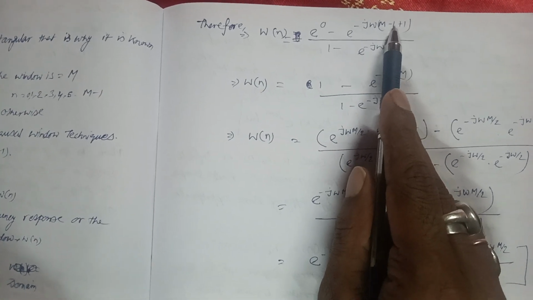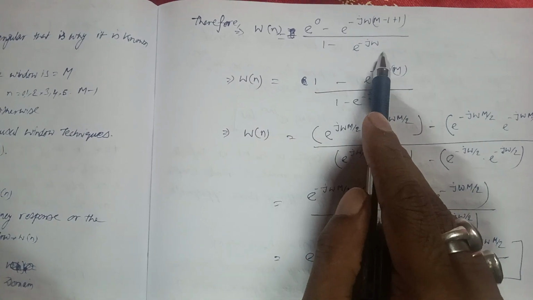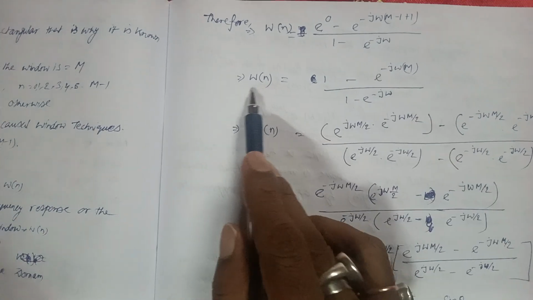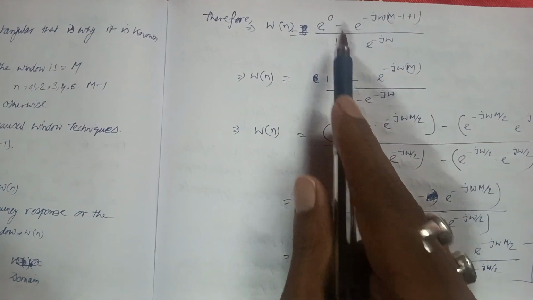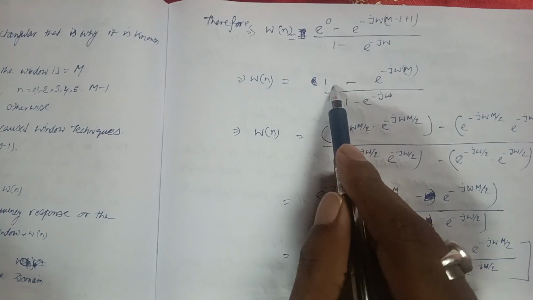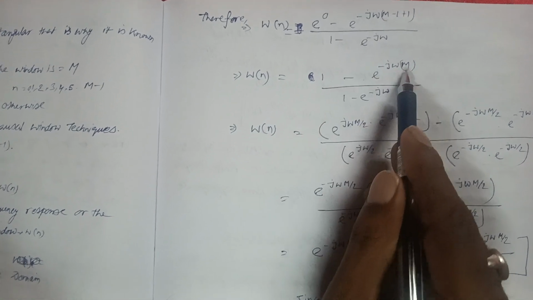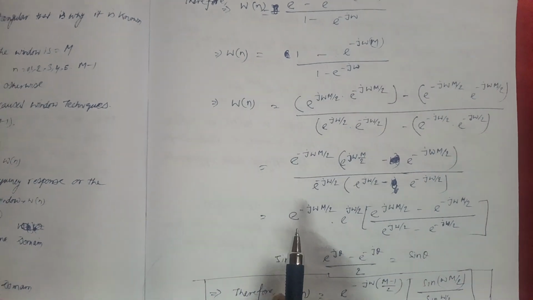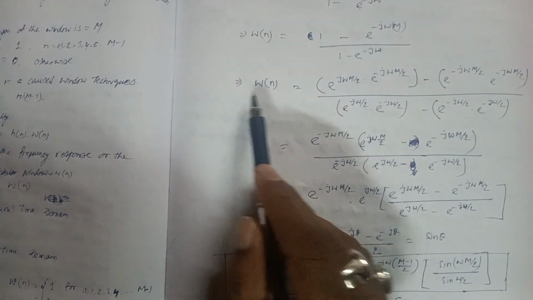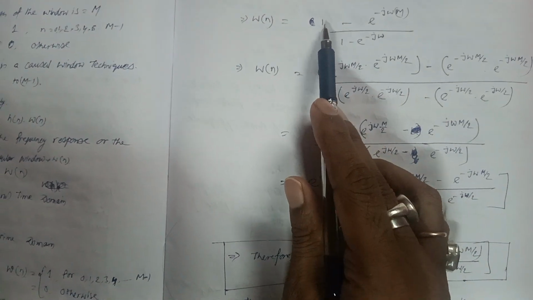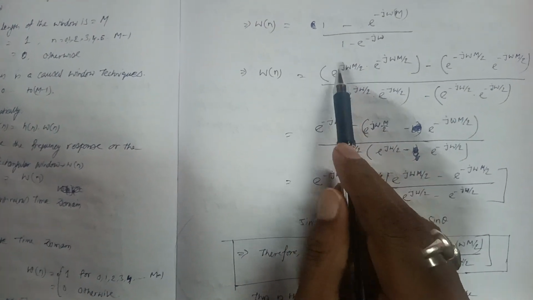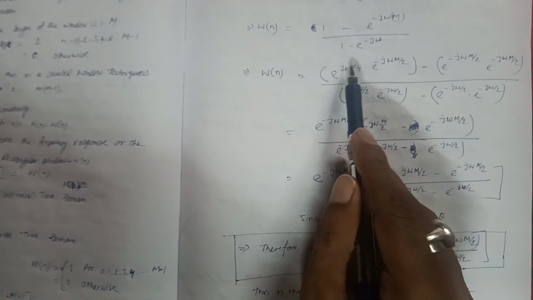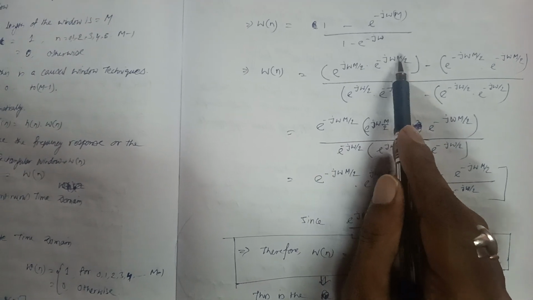The 1s get cancelled, over 1 minus e to the minus j omega. Therefore W equals (1 minus e to the minus j omega M) by (1 minus e to the power minus j omega). Now it can be written like this: to make it 1, I can take e to the power j omega M by 2 into e to the minus j omega by 2.